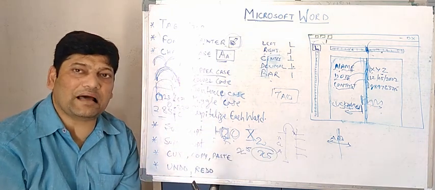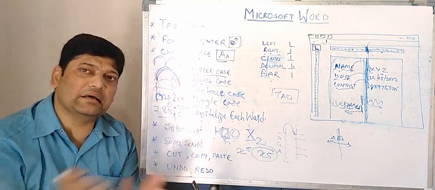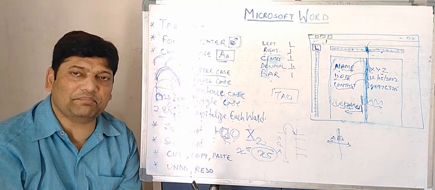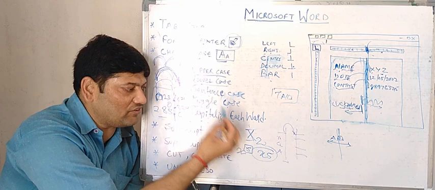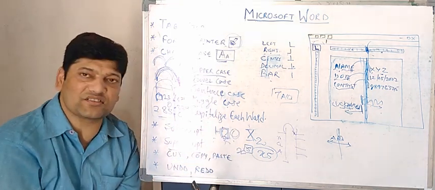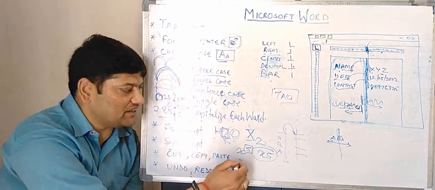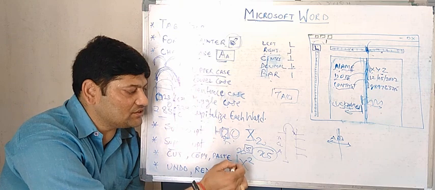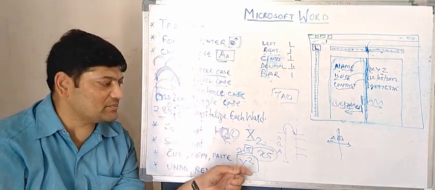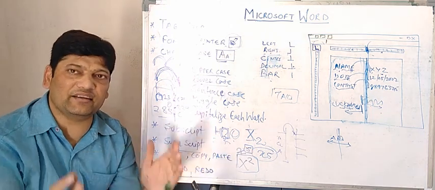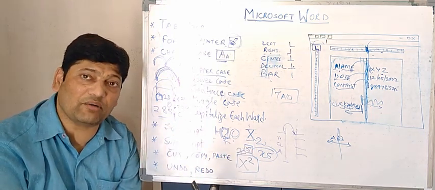So the question is how you can bring this 5 to the power of x. This is possible by selecting your 5 and selecting this option, that is superscript. The superscript button appears like x to power 2. So when you press this button after selecting 5, you will get the desired format.